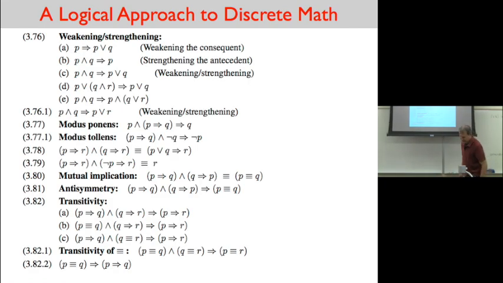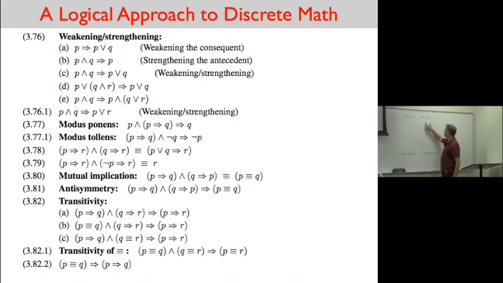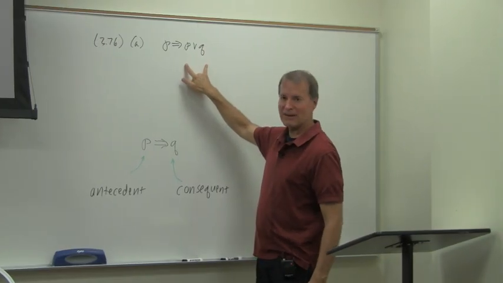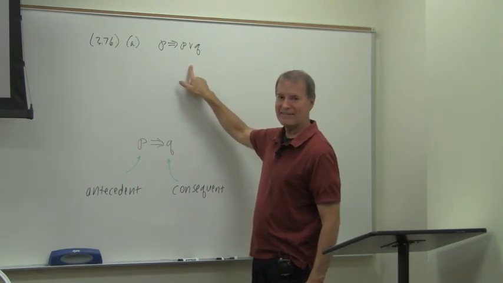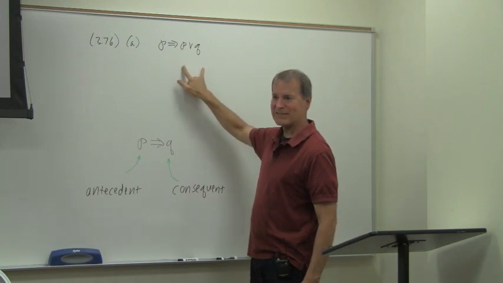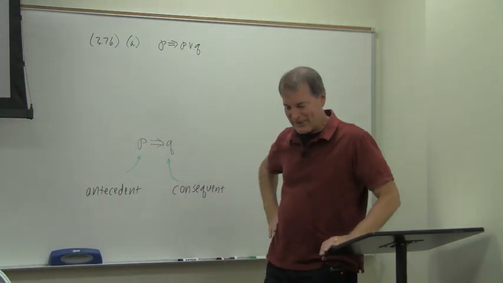Okay, so that's 3.76. Now do you see why this is called weakening the consequent? Because this is the consequent, and it's weaker. What do you mean by weak? That's a good question.